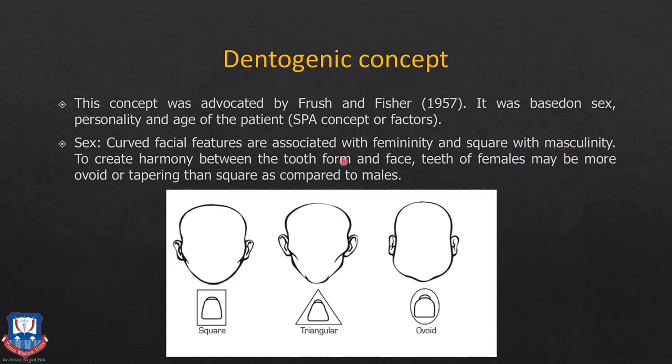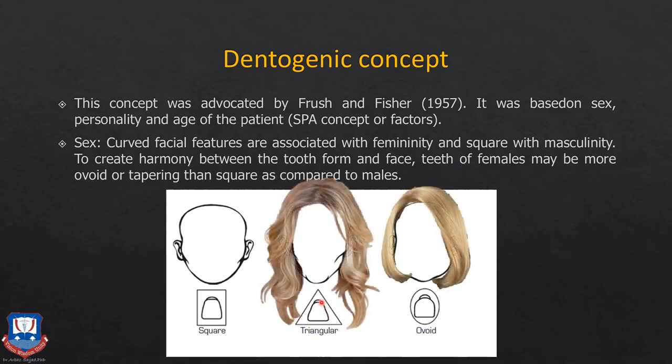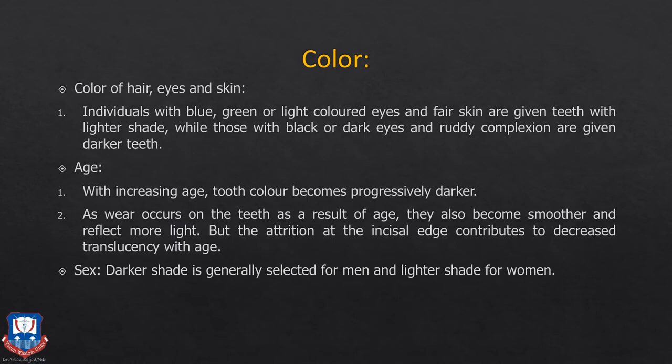So to create harmony between the tooth form and the face, females will generally have a tapering and ovoid tooth mold selection, based on femininity, and males will generally have a square shaped tooth mold selection to show masculinity.